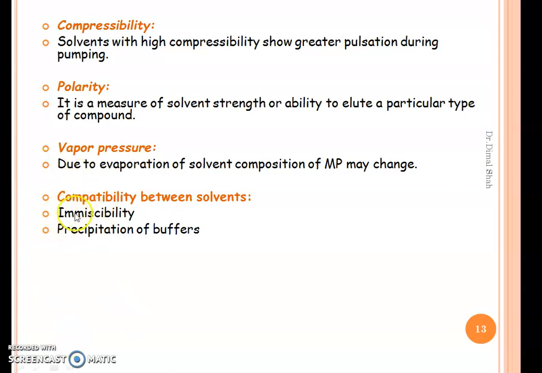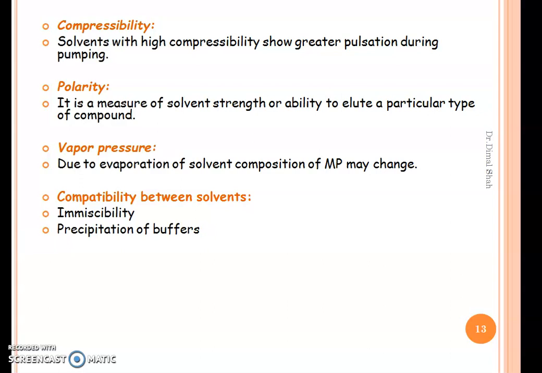Another factor is compatibility between the solvents. Many solvents, when selected as a mobile phase, are immiscible with each other. That cannot be permissible in HPLC analysis. Another problem is precipitation of buffer. A buffer solution is prepared, and if it is mixed with a solvent which creates precipitation of the buffer, then such incompatibility cannot be tolerated in HPLC because the precipitated buffer may clog the column.